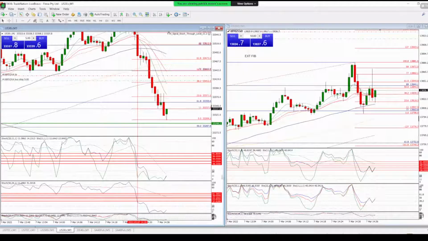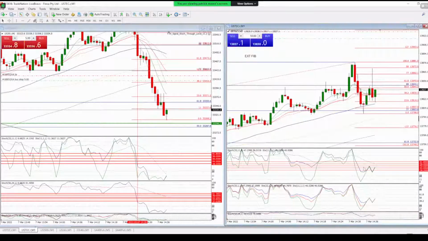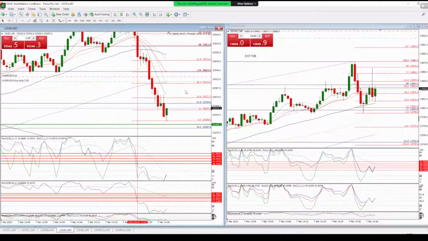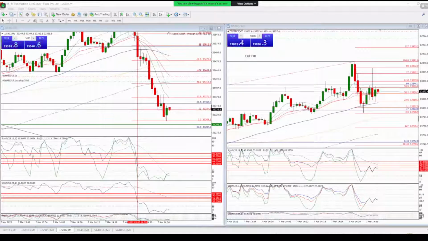Watch the Dow stochastic for me for a trigger long, please, guys. The US tech doesn't qualify. This is a total directional. 50 moving average support on 5 minutes on the Dow.